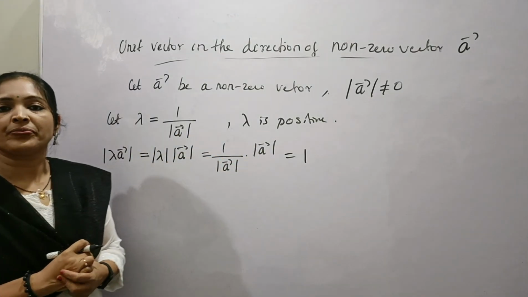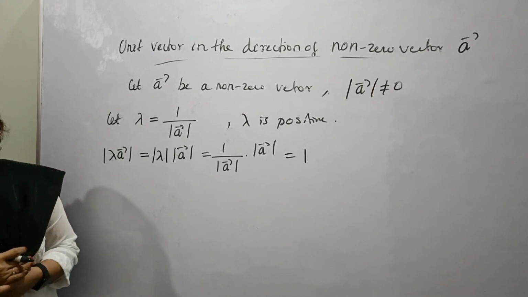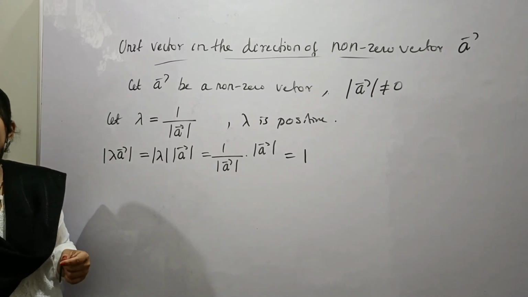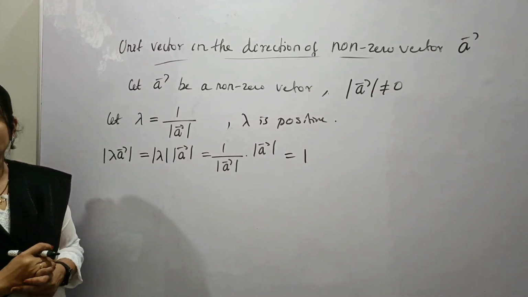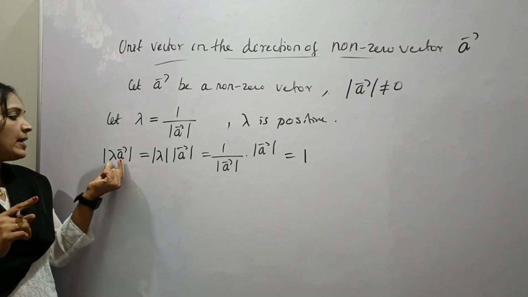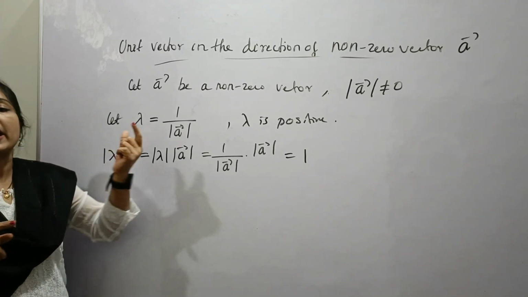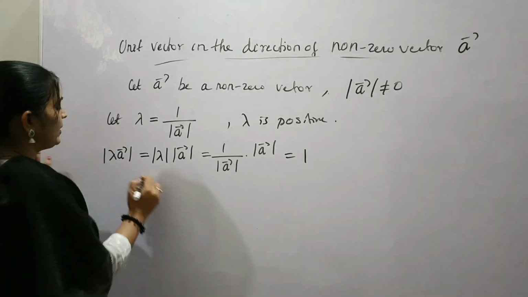What does it mean? Here we studied that a vector which has magnitude 1 is called a unit vector. That means here lambda into vector A is a unit vector.